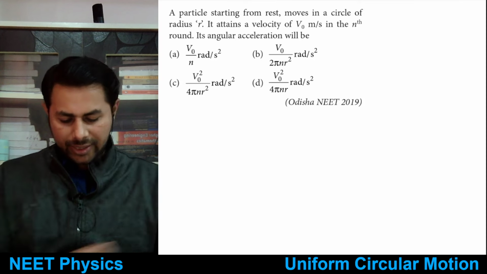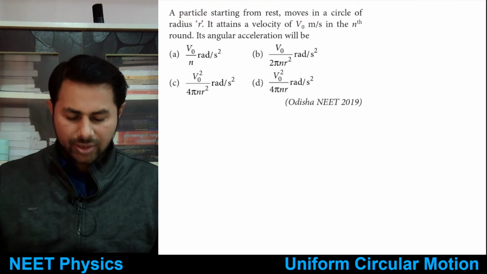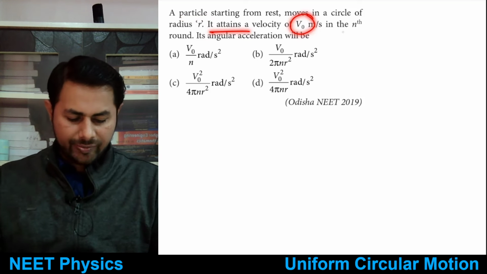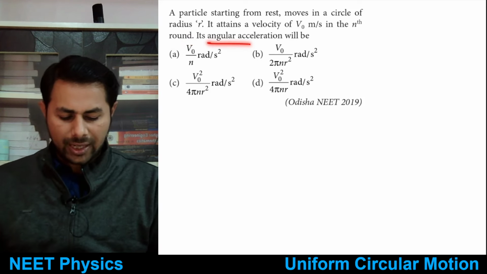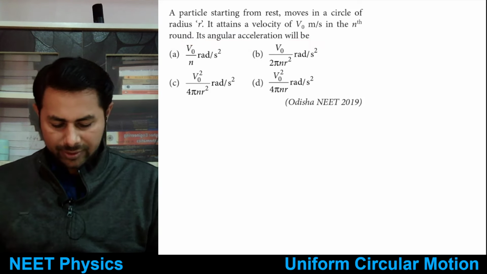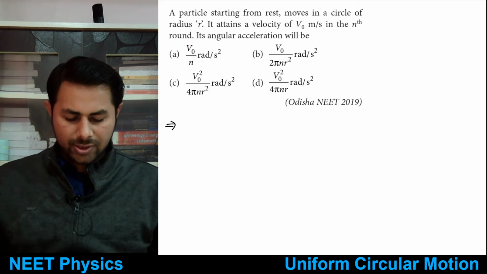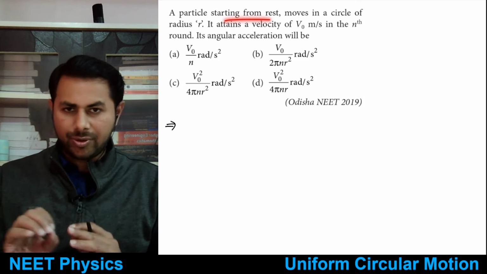All right, let's see the next one. A particle starting from rest moves in a circle of radius r. It attains a velocity v0 meters per second in nth round. Its angular acceleration will be. So tell me, the particle starts from rest.